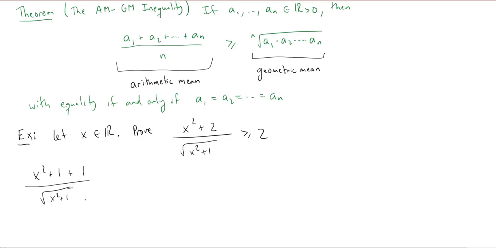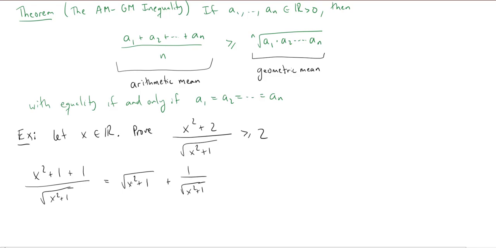Okay, and if I do that, then I notice here x squared plus 1 over root x squared plus 1. That's just going to be root x squared plus 1. And then I still have plus 1 over root x squared plus 1. Now, this root x squared plus 1, that is some positive number.